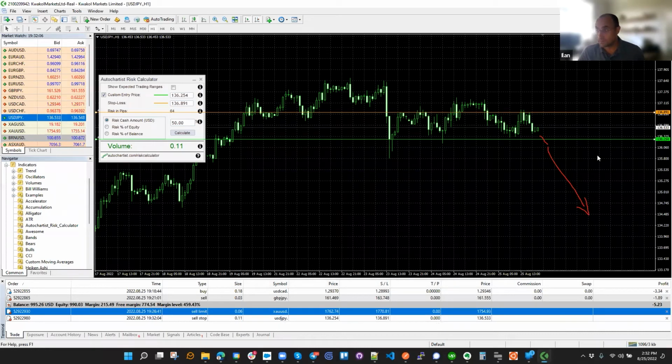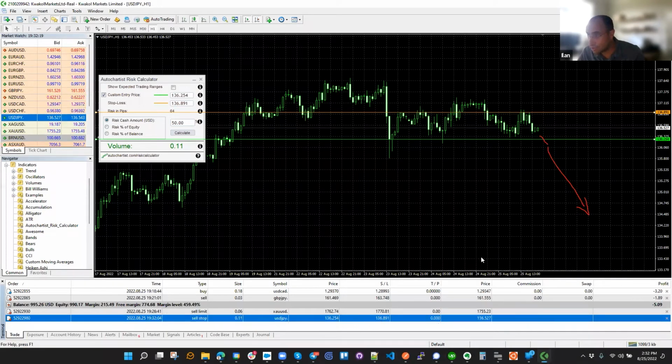So now, if the price hits the green line, Meta will open a short position for me and set my stop loss at the orange line, which is at 136.89. Okay, and the risk for that is 64 pips, but my volume is only 0.11, which means my risk in dollars is $50, right? Except for slippage.